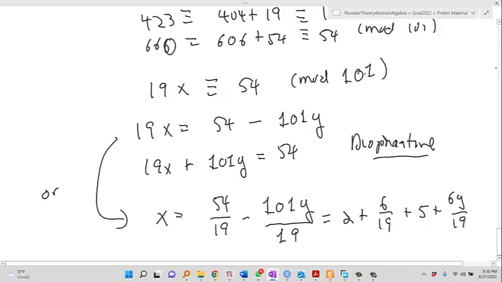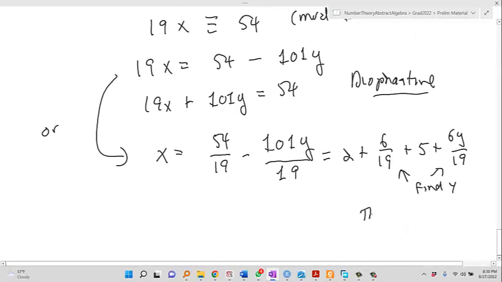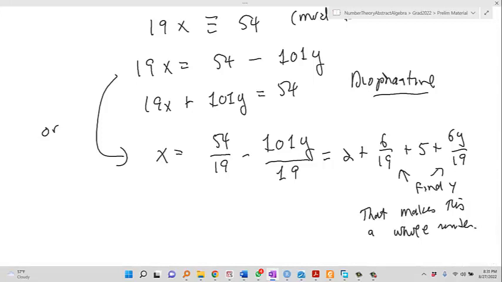Something like that. Then you have to find y that makes this a whole number. Okay, we have 6 plus 6y over 19. I need to find a y such that 6 plus 6y is divisible by 19. Once you've done that, then you have an expression for x.